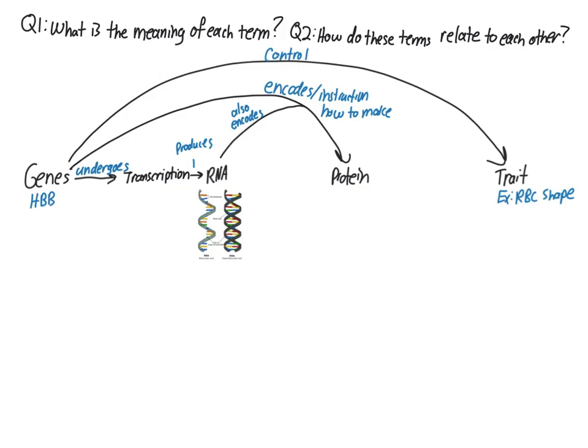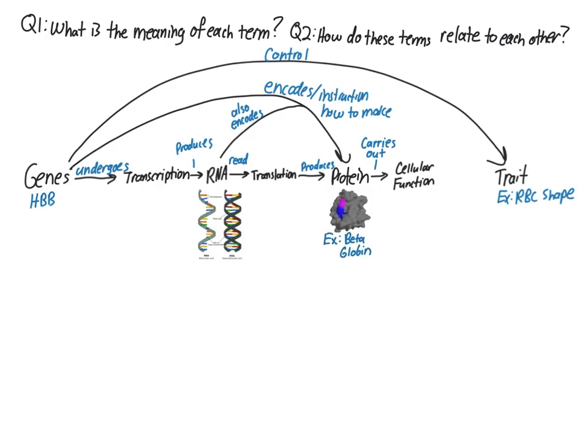And now RNA is read during translation, and this is the process that actually produces a protein. And it's the protein itself, not the gene that encodes it, which carries out some cellular function. The HBB gene encodes a protein called beta globin, which is needed for red blood cells to carry oxygen from the lungs to other parts of the body.